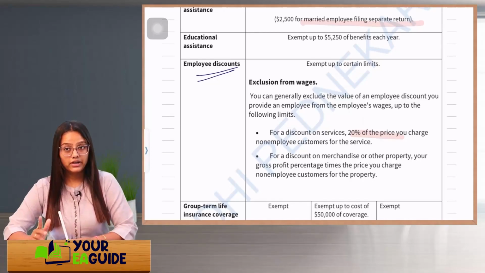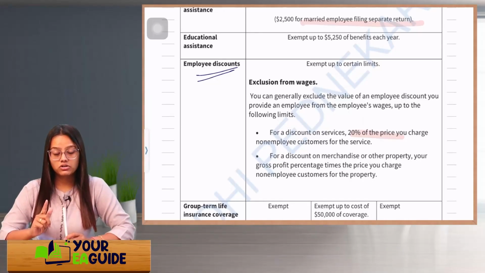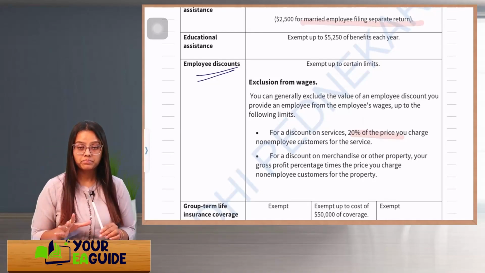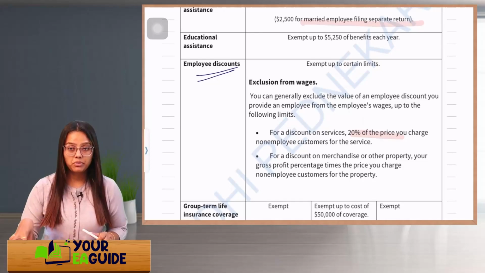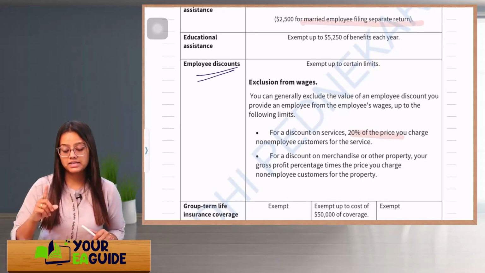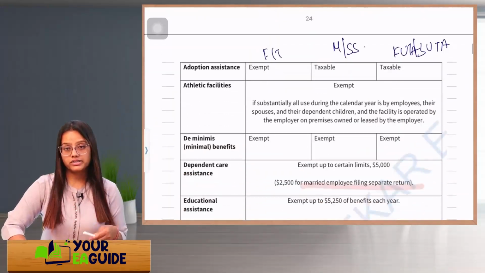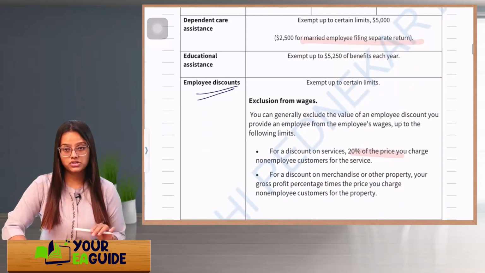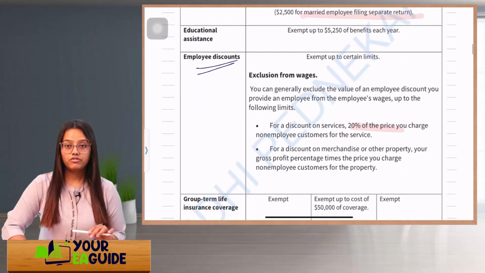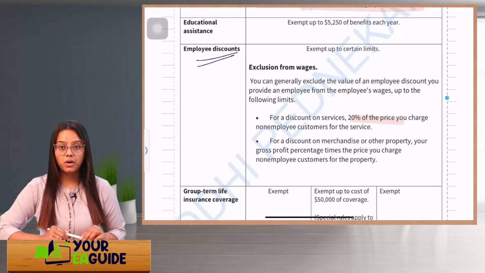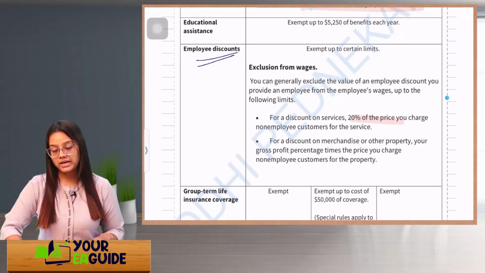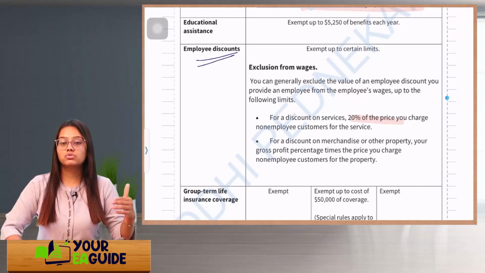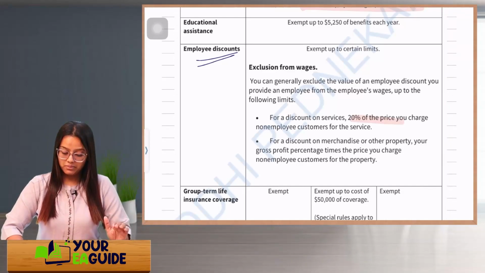One golden line I hope you guys remember, in regular class also I used to say this thing: any benefit given by employer to employee will always be taxable unless there is an exception. So these are all exceptions at one page. Okay, you can just remember this. For discount on merchandise or other property, it is your gross profit percentage times the price you charge to non-employee customers for the property.